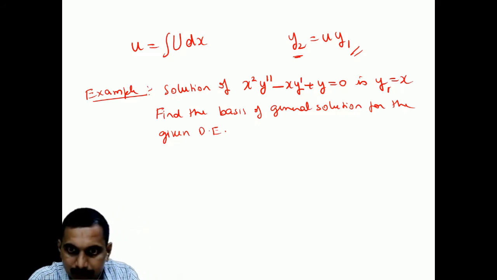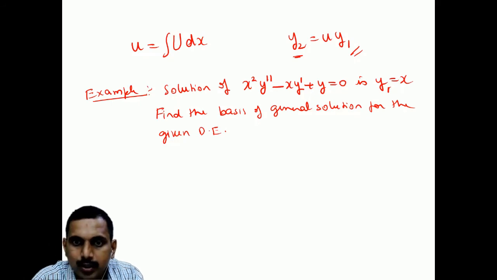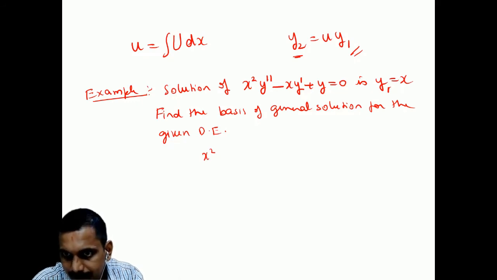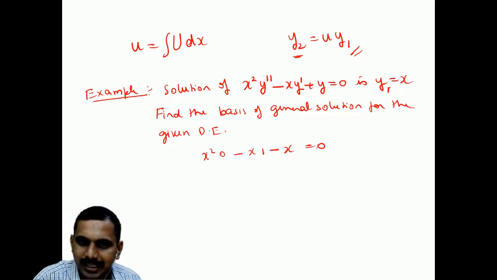So yes, it is y dash. Now y1 is equal to x, y1 dash is equal to 1. If you substitute here, x square into y1 double dash, and y1 double dash is 0, correct? Minus x into y1 dash, which is 1, minus y, that is x, so this goes to 0. So that is a solution.